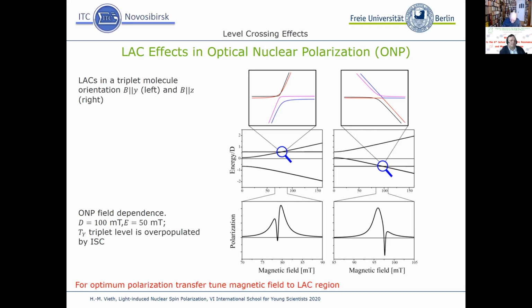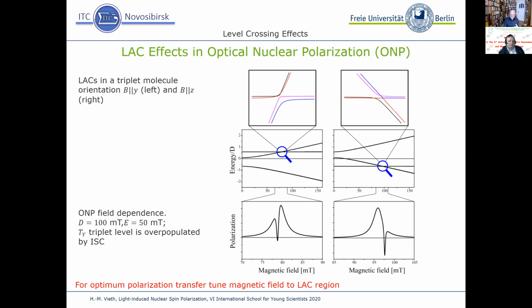It's a mixture of zero field splitting tensor and Zeeman interaction of the electronic spins of the molecules, and the coupling of the electrons to the nuclei on the same molecule is given by hyperfine interaction. And in the solid, you have the full hyperfine tensor, whereas in the liquid, you have only the averaged hyperfine coupling tensor.